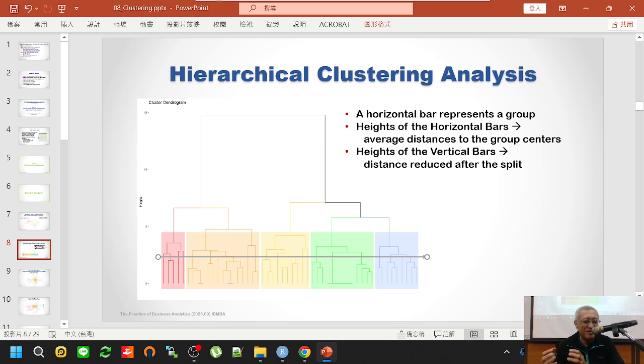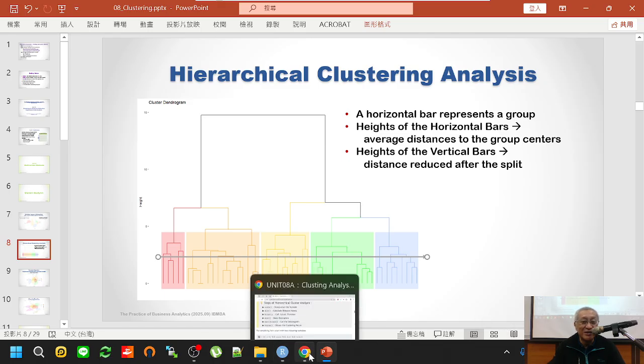But you will need to spend more time to manage because you have more groups to manage. So that is a kind of trade-off. There's no standard answer for how many groups you want to do, and later on, I will explain how to choose the right number of groups. Okay? So far, let's go back.